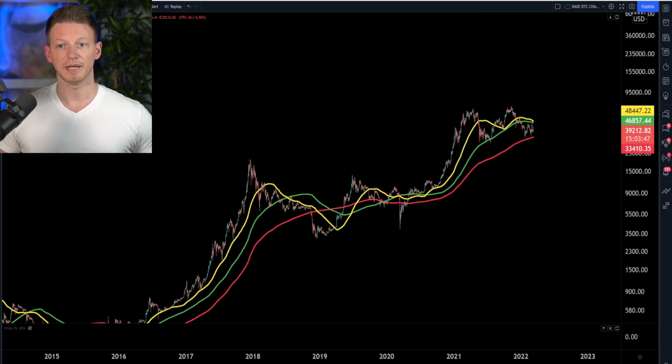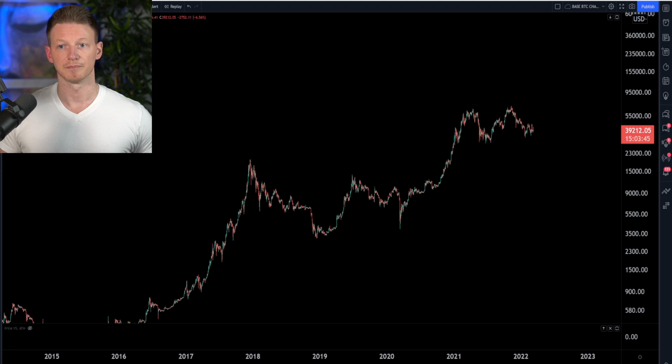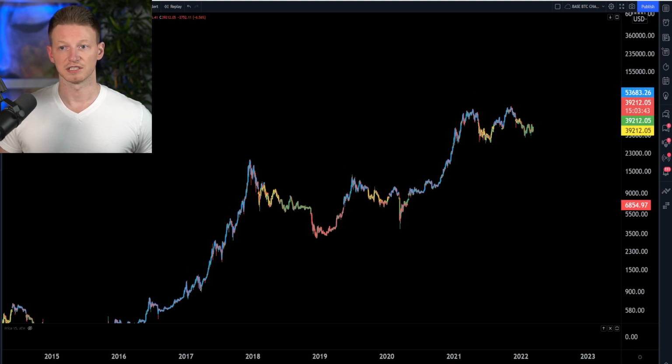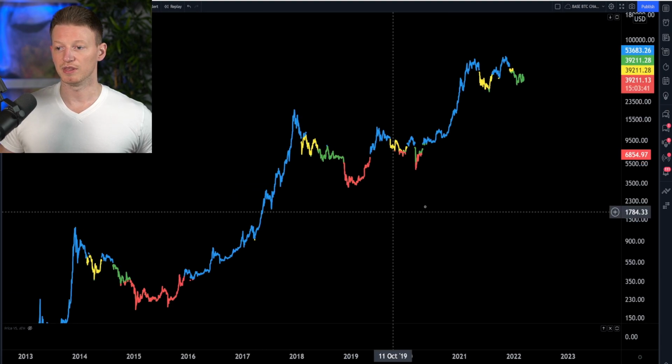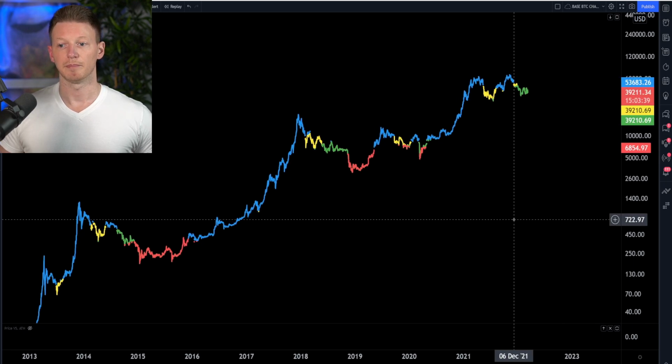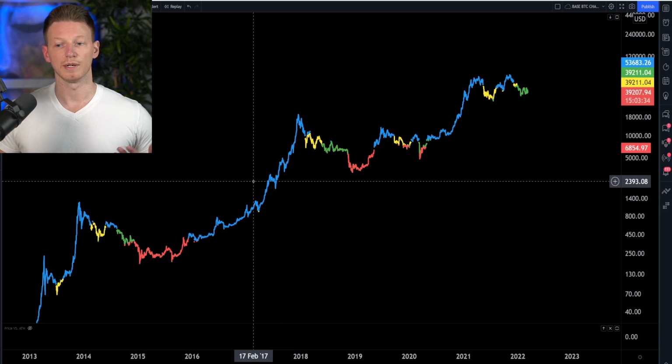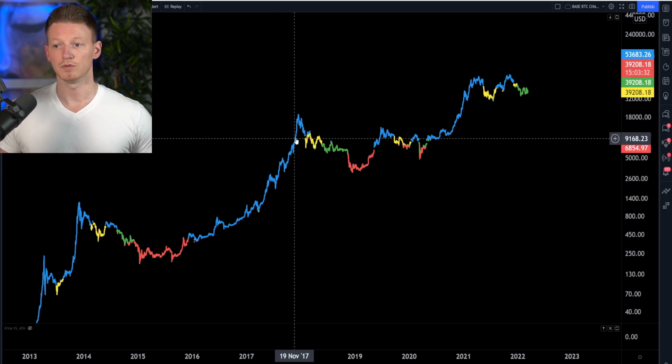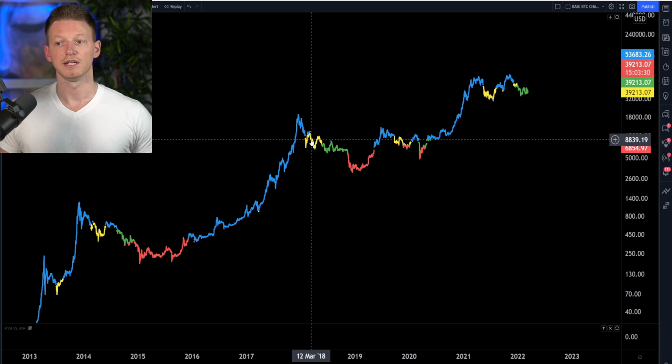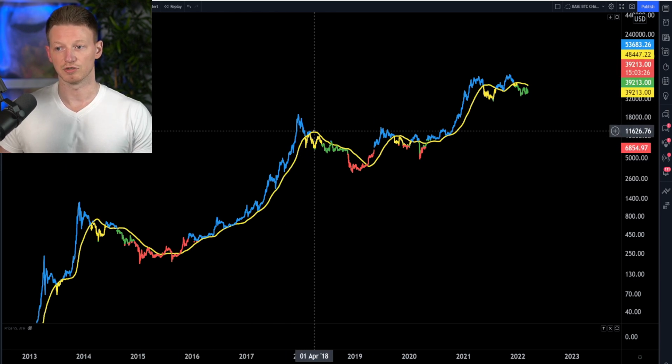So that's the basis of the first metric I'm going to show you here. And all this metric does is give you that flow of the market by color coding the price of Bitcoin, depending on whether we are above, in blue, all of those moving averages, or below, and they all correspond to the associated moving average.